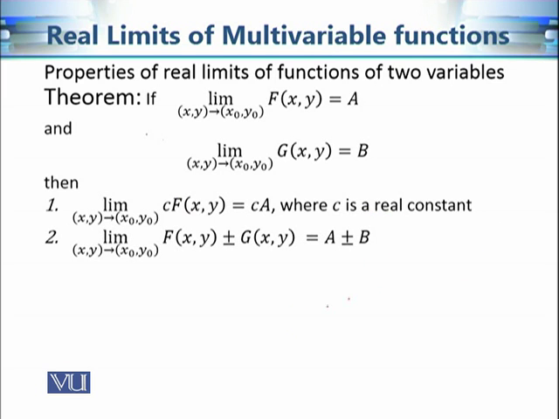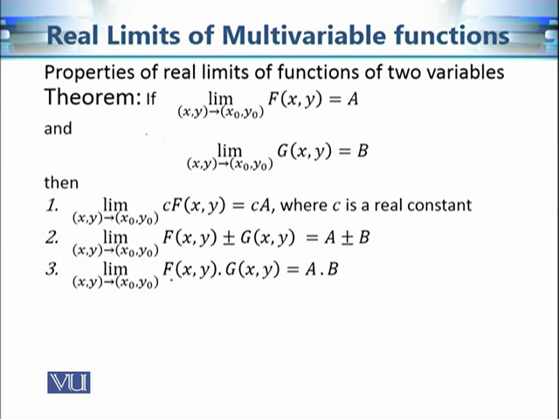Similarly, we can prove that the limit of f(x,y) plus g(x,y) is just the sum of their limits. And if we replace this plus with minus, then the same result holds.